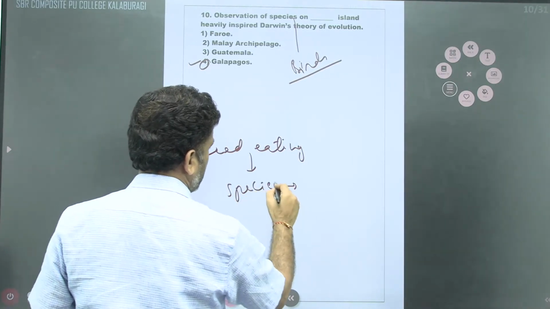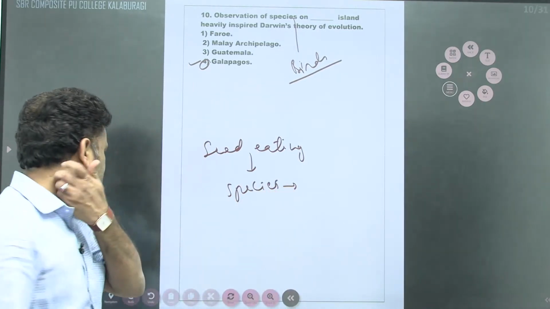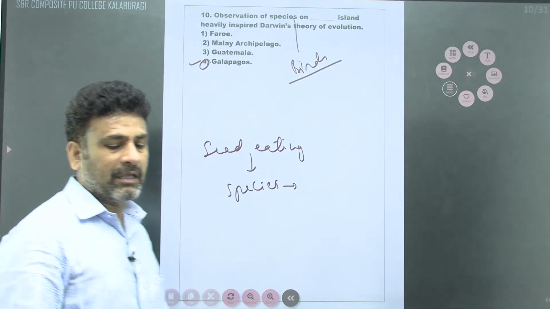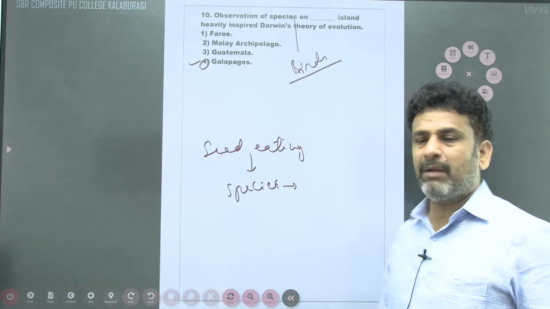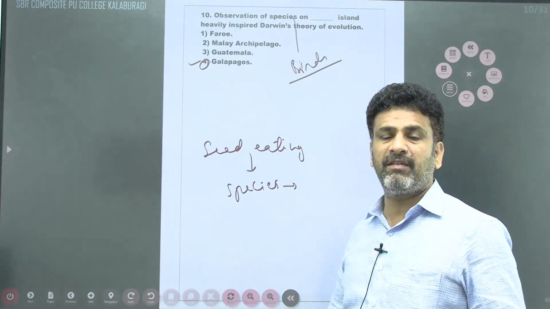When the Galapagos Islands got converted into 13 fragments of islands, there was non-availability of food sources.